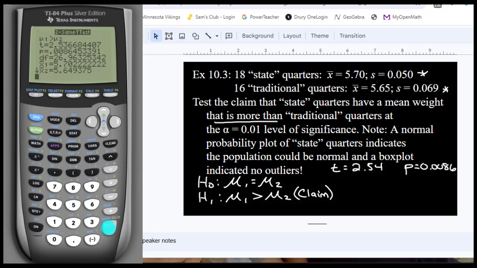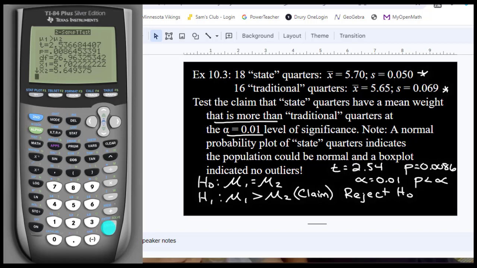And then our alpha value is alpha equals 0.01. So now we're comparing these two. P is less than alpha. So our decision here is that we will reject the null hypothesis. Okay, and we'll talk about what that means in a second.